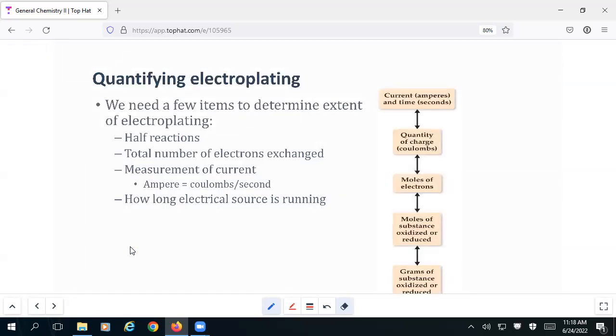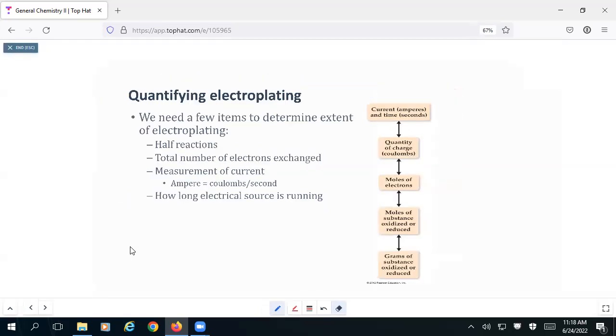Now, some of those definitions that we needed to quantify at the beginning here really come into play when we try to quantify what exactly we need to do as far as current is concerned, or if we're trying to deposit a certain amount of our gold or our chromium or whatever it is to our metal.